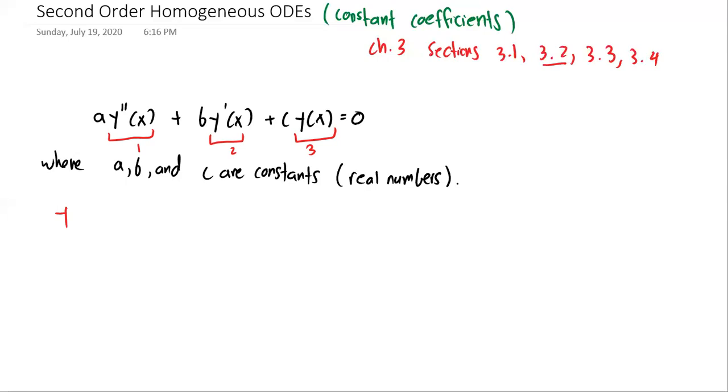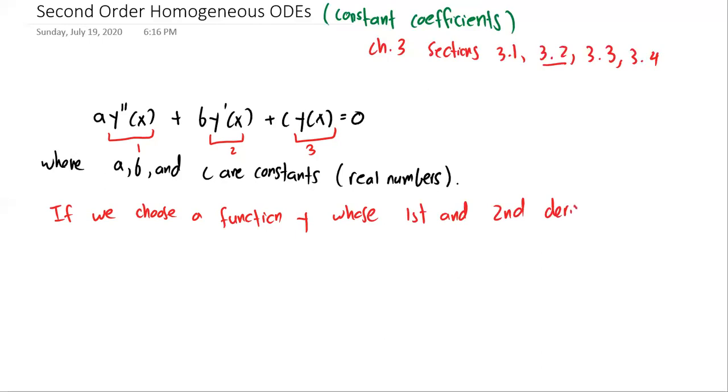Well, if we chose a function whose derivative equals itself, or a constant multiple of itself, let me write it like this. If we choose a function y whose first and second derivative are multiples of y.